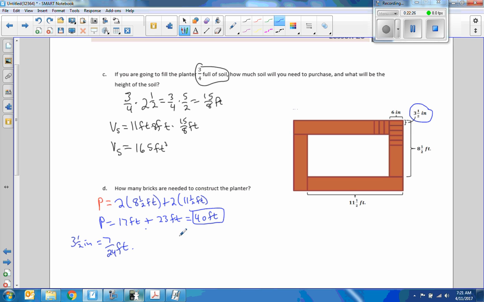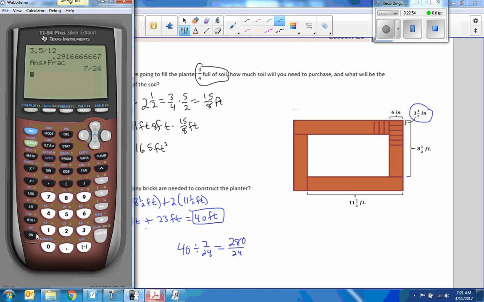So we're going to take that 40 feet and we're going to divide it by 7/24, which is going to equal 7 times 40 is 280 divided by 24. And let me just see, let's use a calculator. 40 divided by 7 over 24.